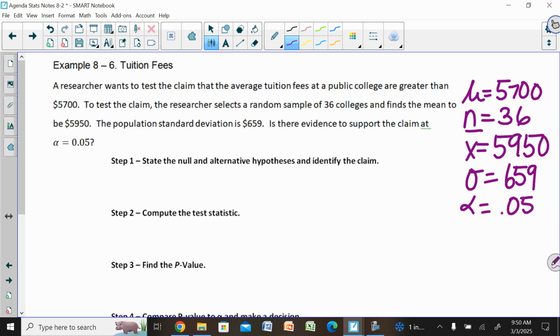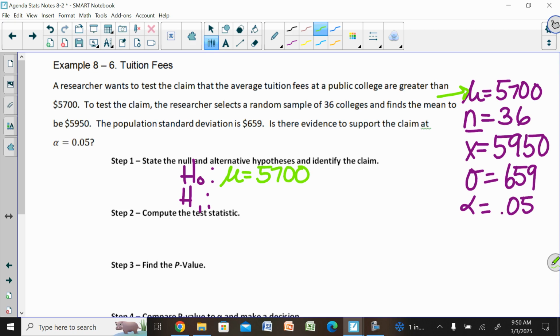So state our null and alternative hypotheses. So H sub O, you're always going to write down which one's which, just don't make an assumption. Notice H sub O always has our population parameter in it, and we've got it. It's pre-written for us. Mu is $5,700.